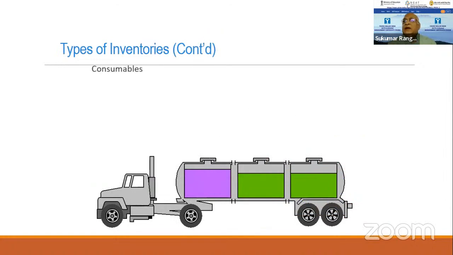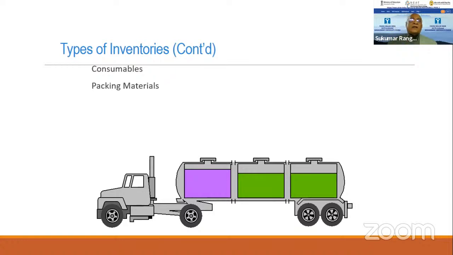Now, during the process of manufacture, we need many things like cooling liquids. It could be many other different types of consumables which are used. That is also an inventory. Then in many cases, you need packing material, either during the process of manufacturing itself or after the goods are manufactured.